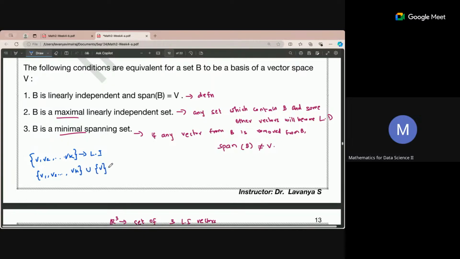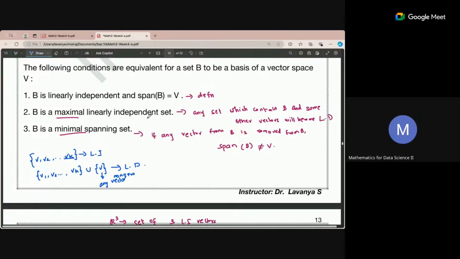If I add any non-zero vector to this set, and it becomes linearly dependent, then this set is called a maximal linearly independent set. This is the maximum size for this set to be linearly independent. If you add any other vector to this, it will always be linearly dependent. Such a set is called a maximal linearly independent set.